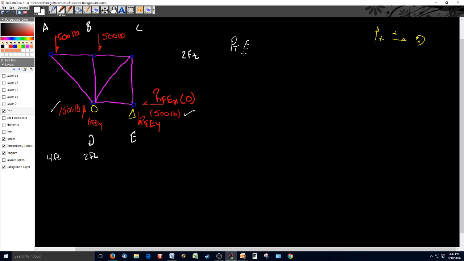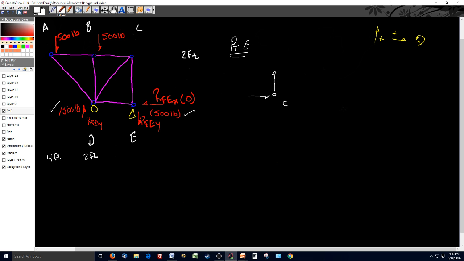It doesn't really matter how you draw your free body diagram at E. So this is E, and I'm going to say that this member is in tension. Likewise, I'm going to say this member is in tension, or in compression rather.